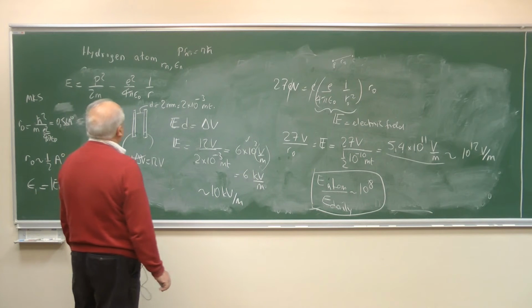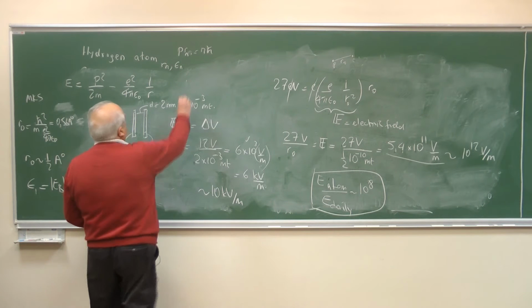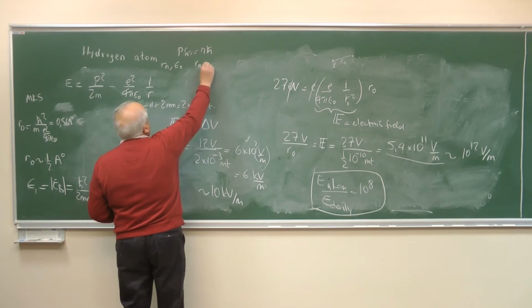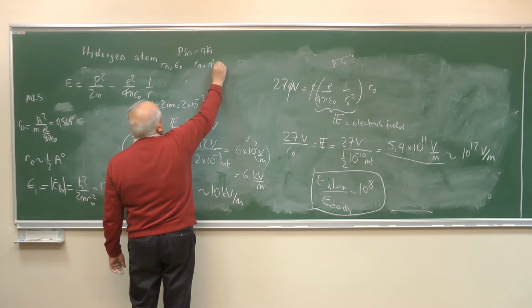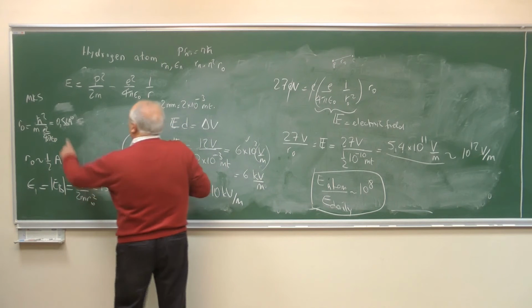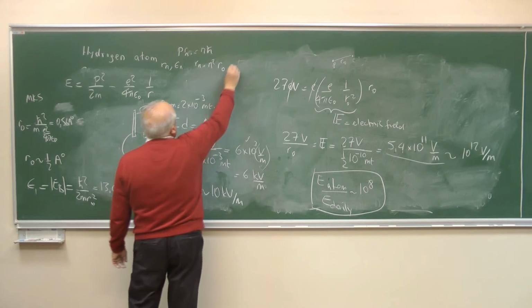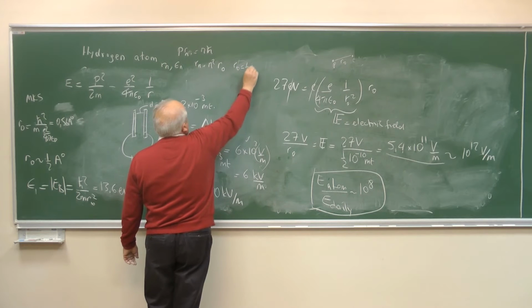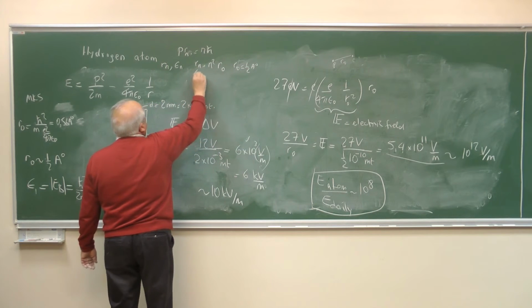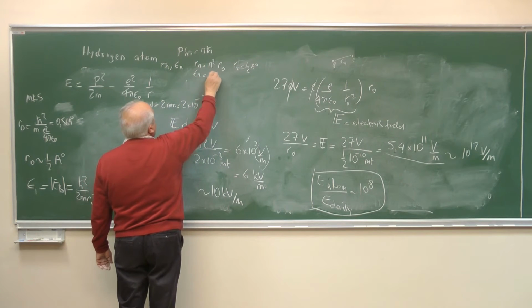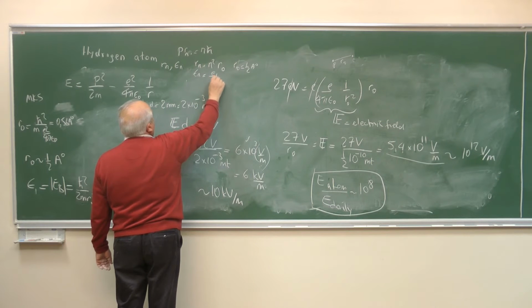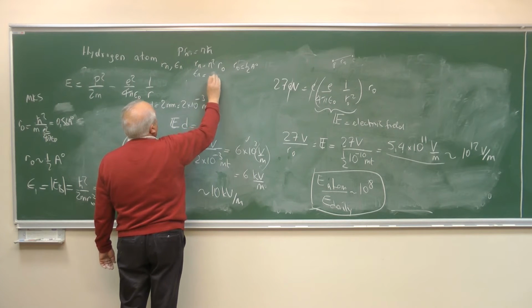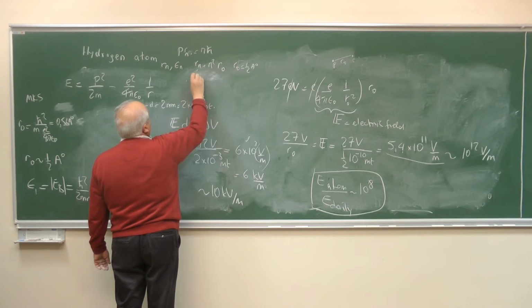All right. So let me just write here. Rn is n square R0, R0 being 1/2 angstroms. R0 equals 1/2 angstrom. Epsilon n is equal to epsilon 1 over n square, or let me write like this.